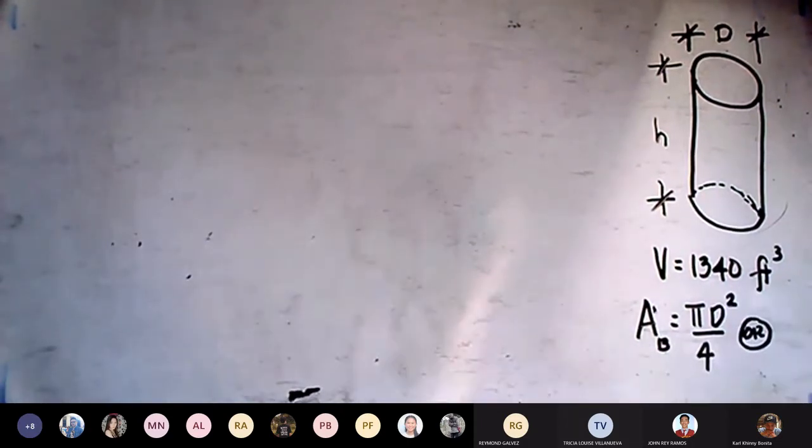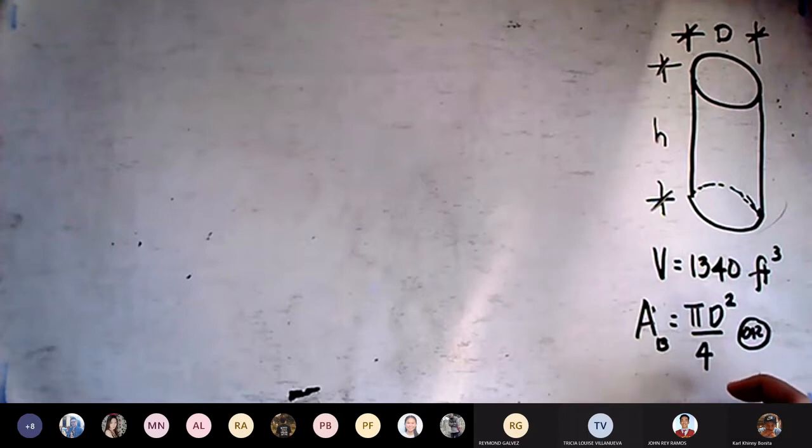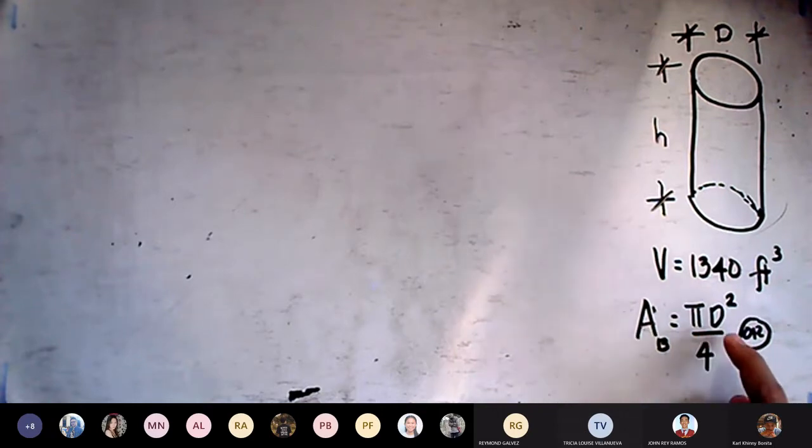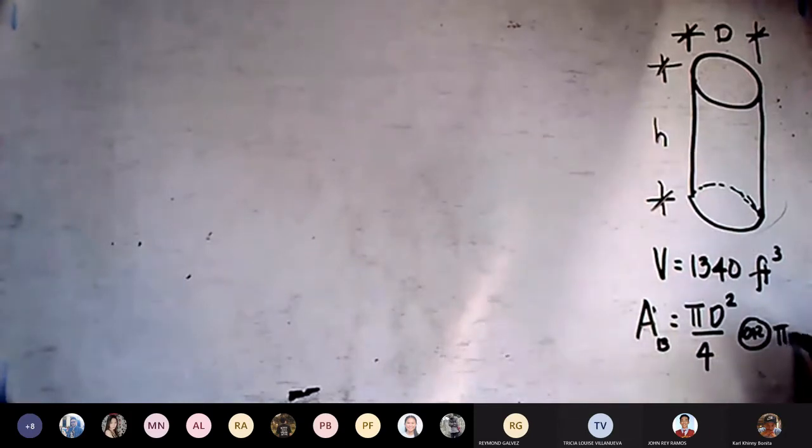Okay, so we have two formulas that you can use in terms of diameter or in terms of radius. But since according to the problem, we have to find the base diameter in feet, we might as well express the area of the base in terms of the diameter. So there are two formulas as I have mentioned, which you can use.